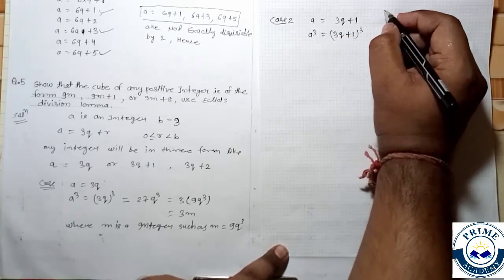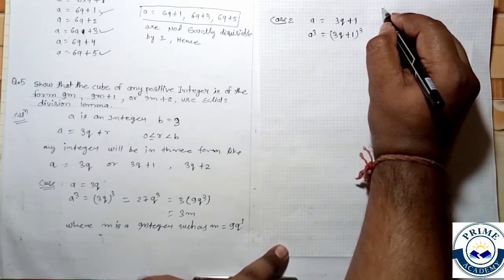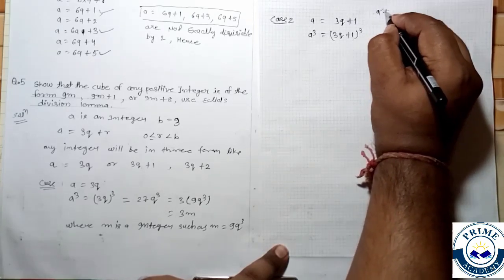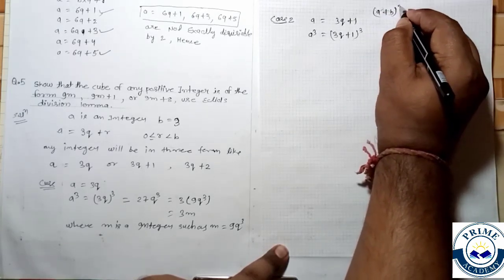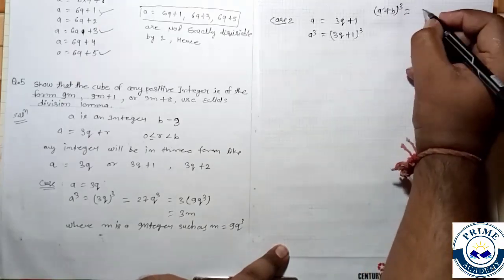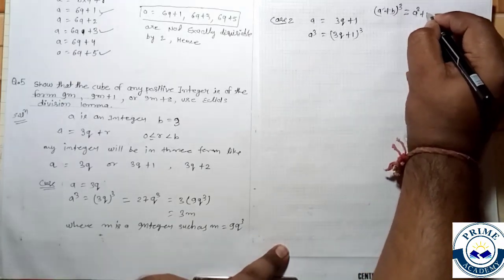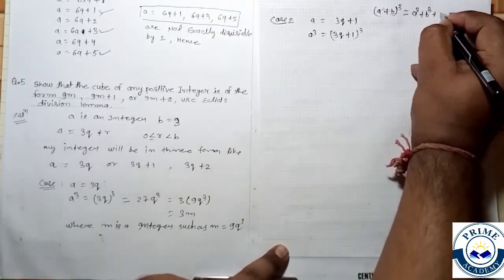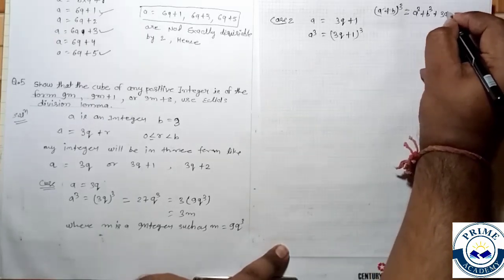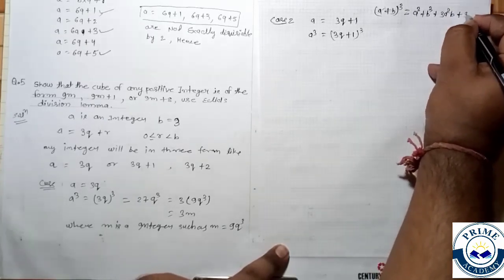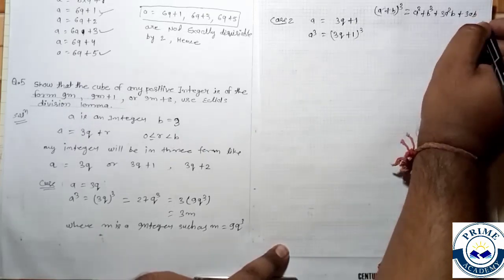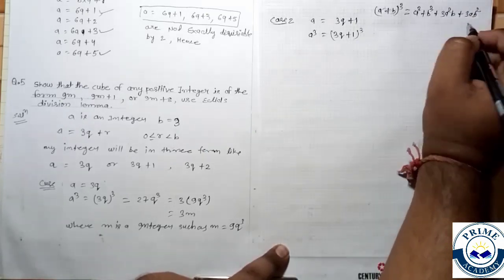From the identities we know, that is (a plus b) cube, you have to remember this, equals a cube plus b cube plus 3a square b plus 3ab square, right?